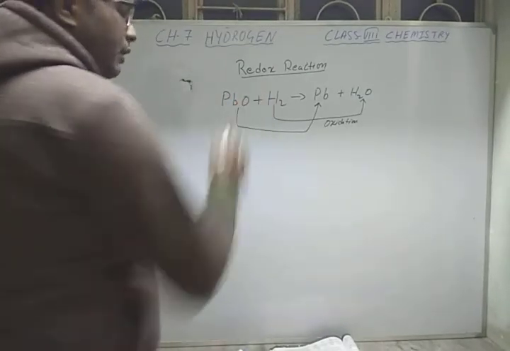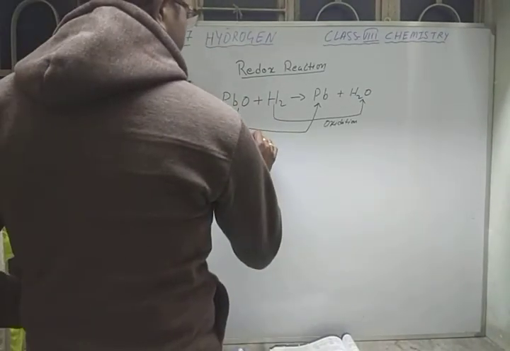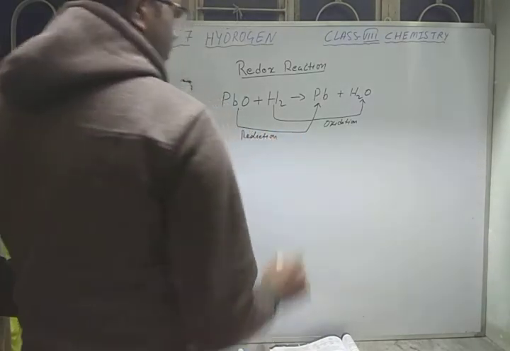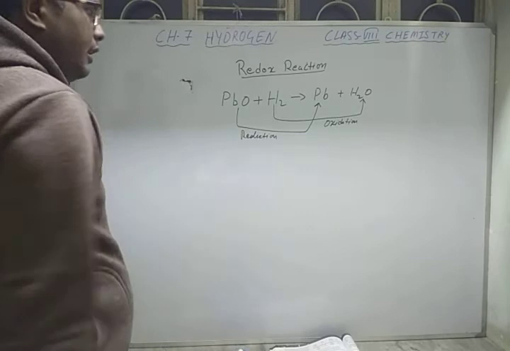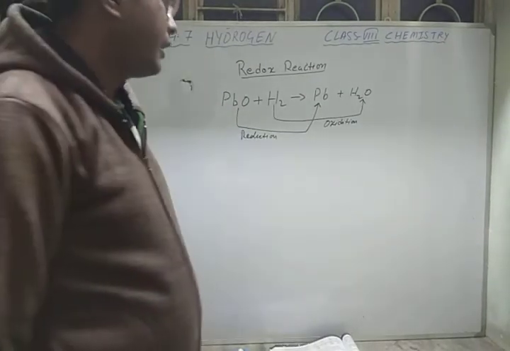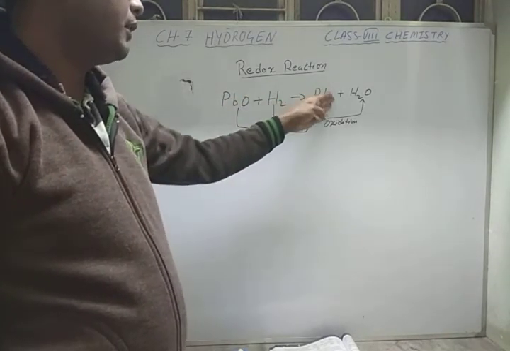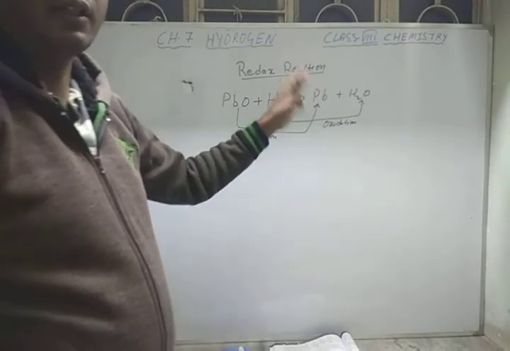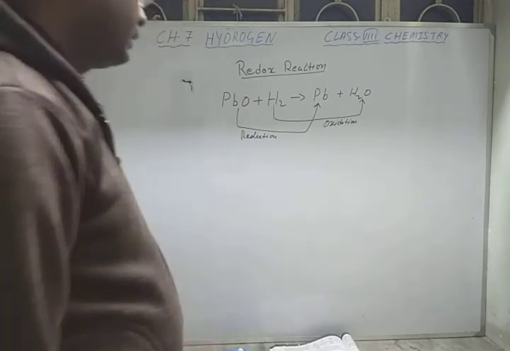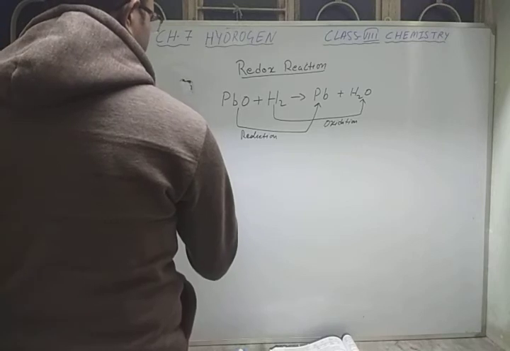Here the removal of oxygen takes place, so it is a reduction reaction. Ultimately, in this reaction both oxidation and reduction take place. Hence the reaction of lead oxide with hydrogen to form lead and water is a redox reaction. Now the next point is oxidizing agent and reducing agent.